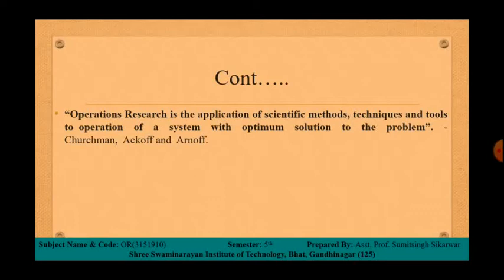A system may be a production system or information system or any system which involves man, machine, and other resources. We can clearly identify that this definition takes three important aspects of operations research: application of scientific method, study of system, and optimal solutions.